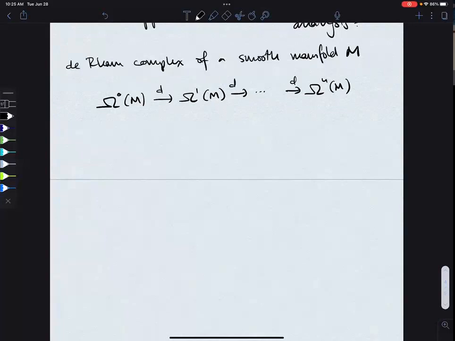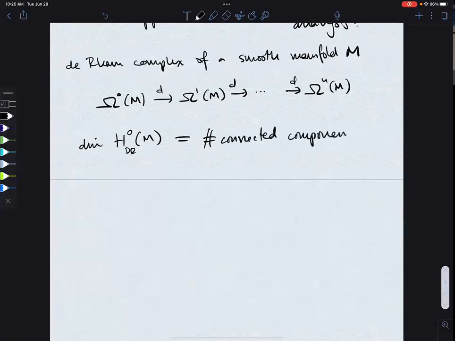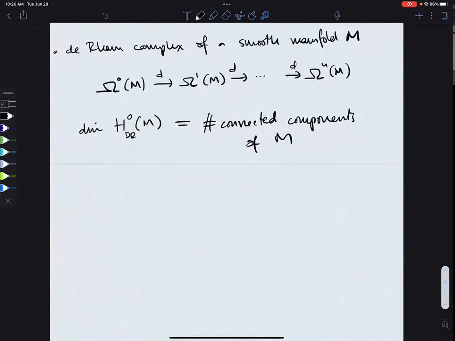For instance, the 0th de Rham cohomology of M has dimension equal to the number of connected components. So the simplest cohomology knows the most basic topology of M, and the higher cohomology knows more interesting things about the topology of the smooth manifold M.